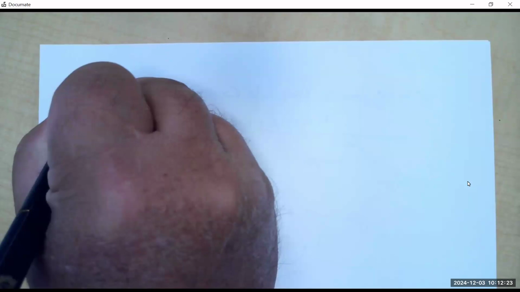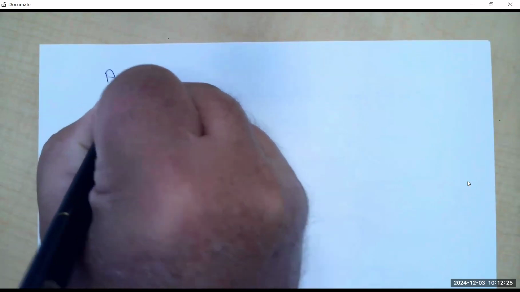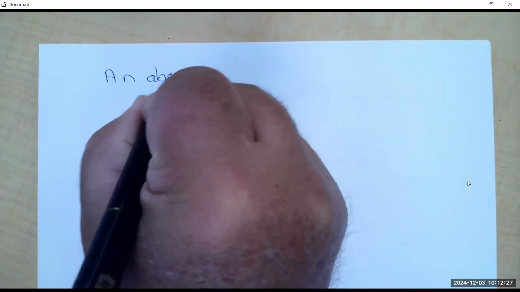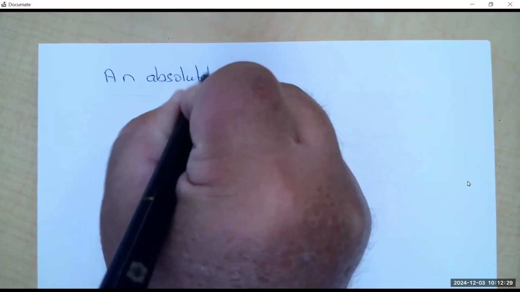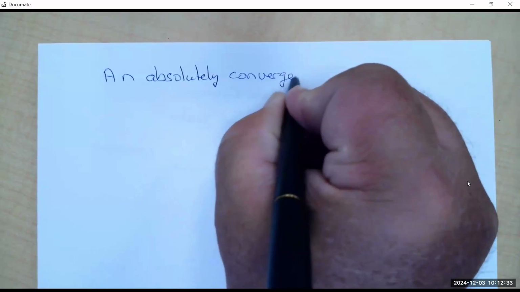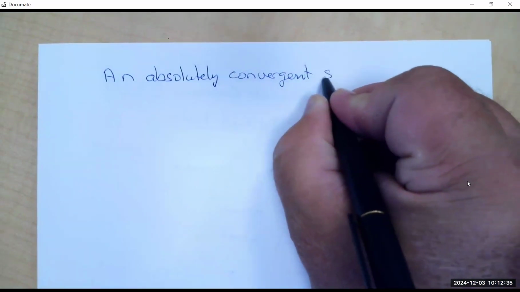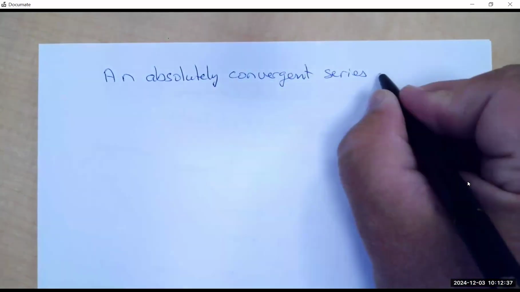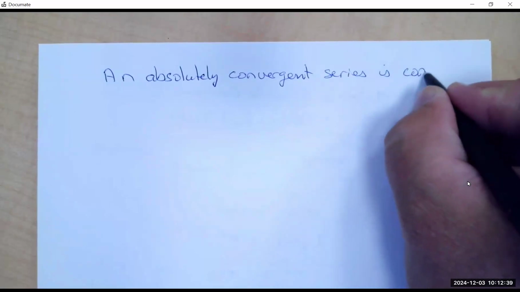So now this is a true statement: an absolutely convergent series is convergent.